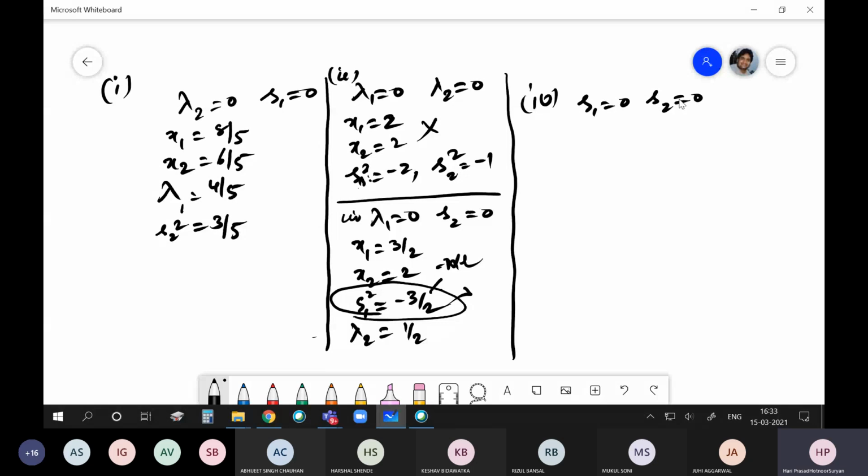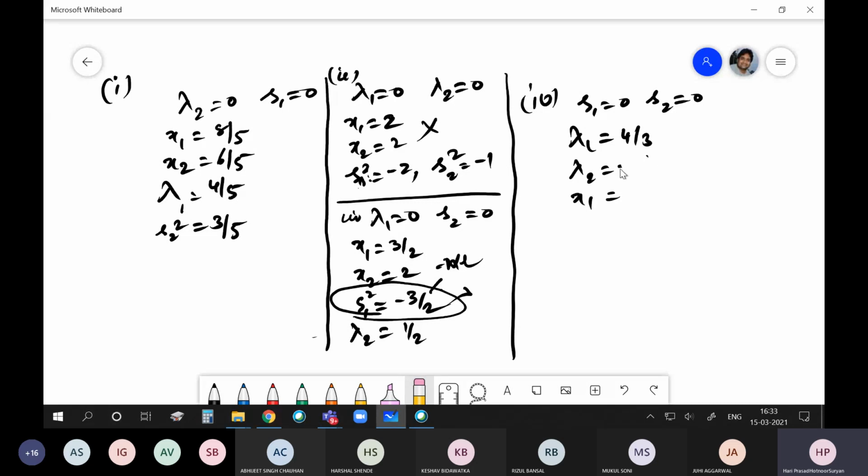When you solve this, the lambdas you get are lambda 1 equal to 4 by 3 and lambda 2 equal to minus 2 by 3.